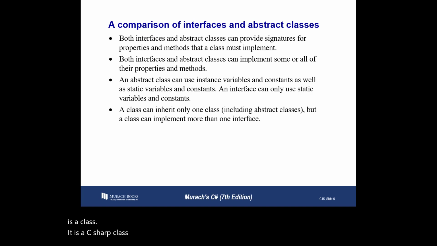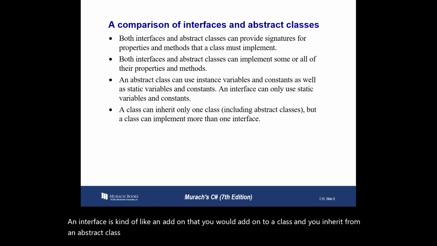It cannot be instantiated, but it is still a class. An interface is not a class. An interface is kind of like an add-on that you would add on to a class. And you inherit from an abstract class, you implement an interface.